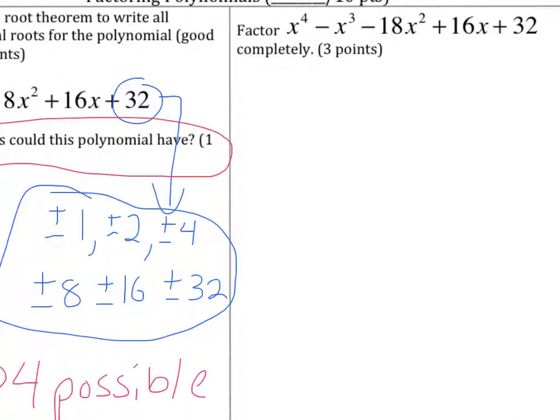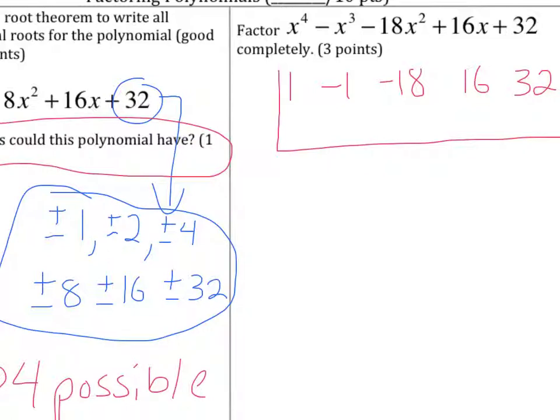Okay, what I might do to try to set this up is use synthetic division. So I'm going to put my coefficients 1, negative 1, negative 18, 16, and 32. And any of the numbers that I chose as my possible roots could work. I'm going to start, I don't know, with 2, which I know means x minus 2.